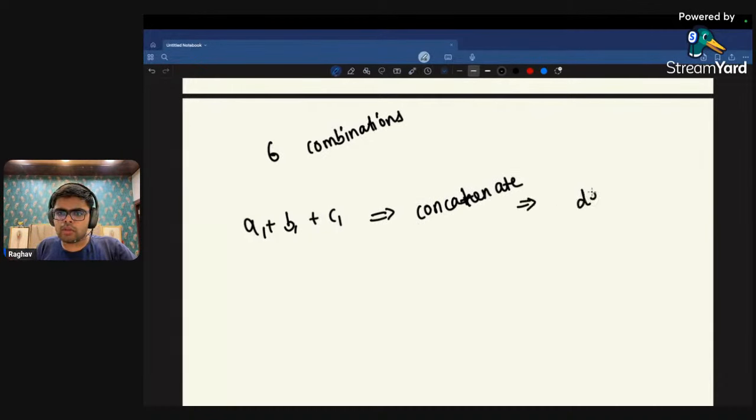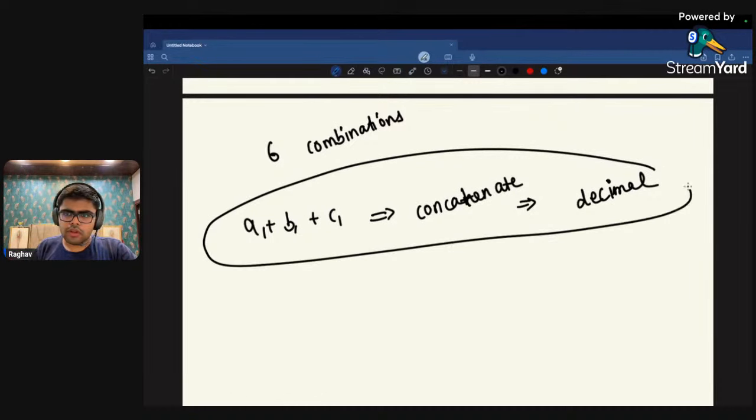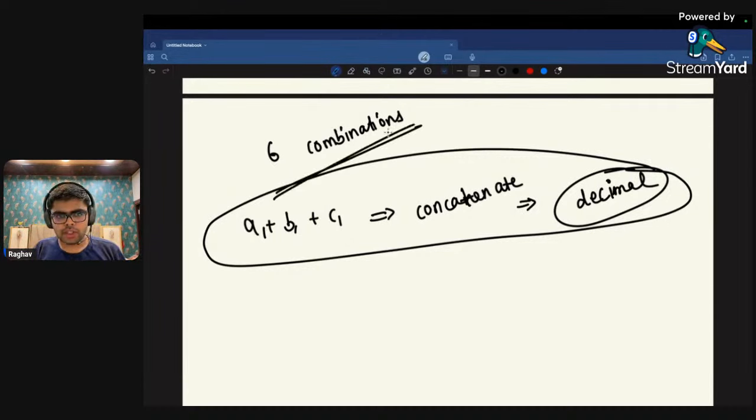Then we will find out the decimal value. We have got the decimal value. Now, whatever we have got here, we will find out the same thing for the other combinations, and whichever final decimal value is the maximum one, we will just return it.